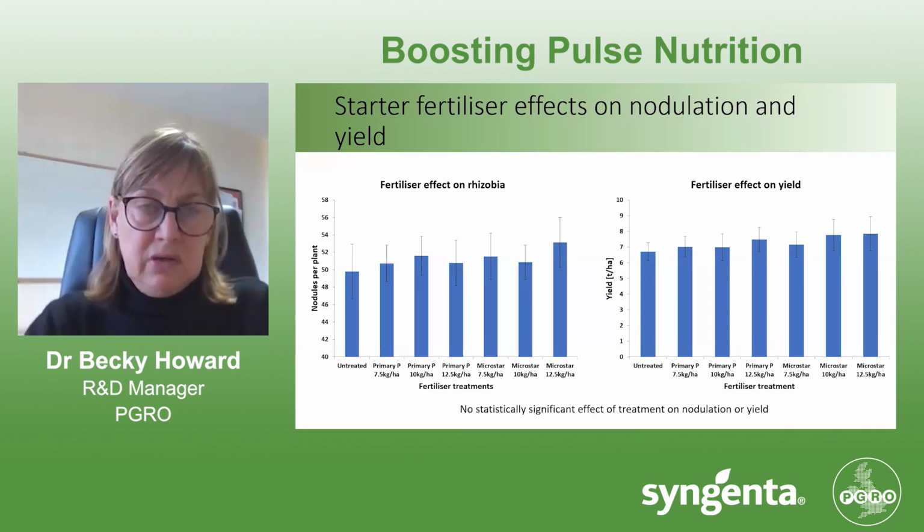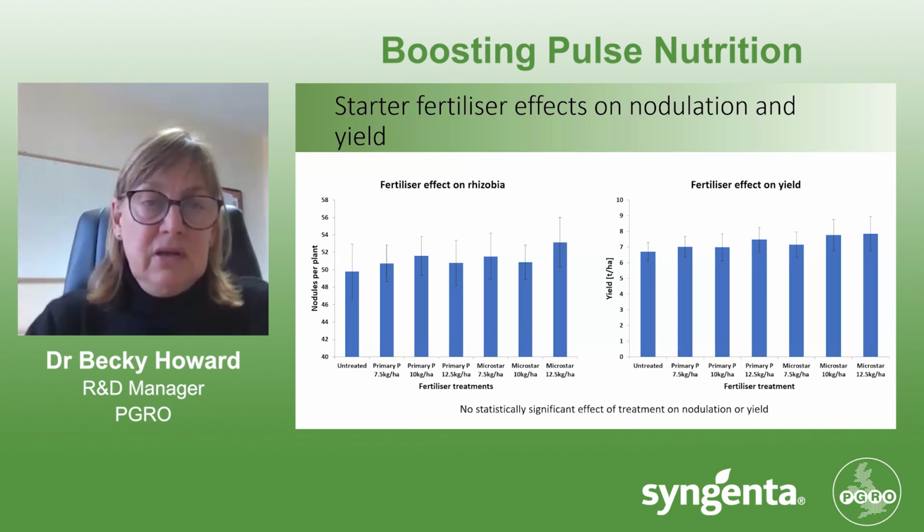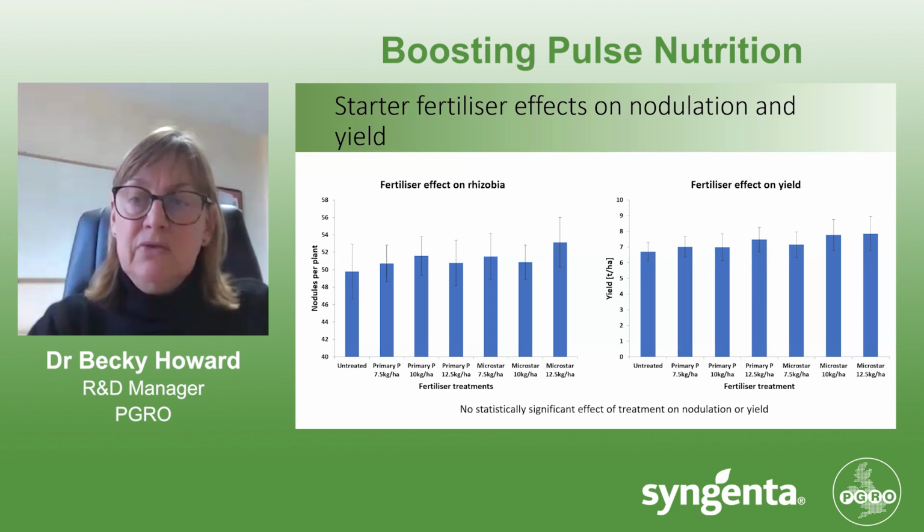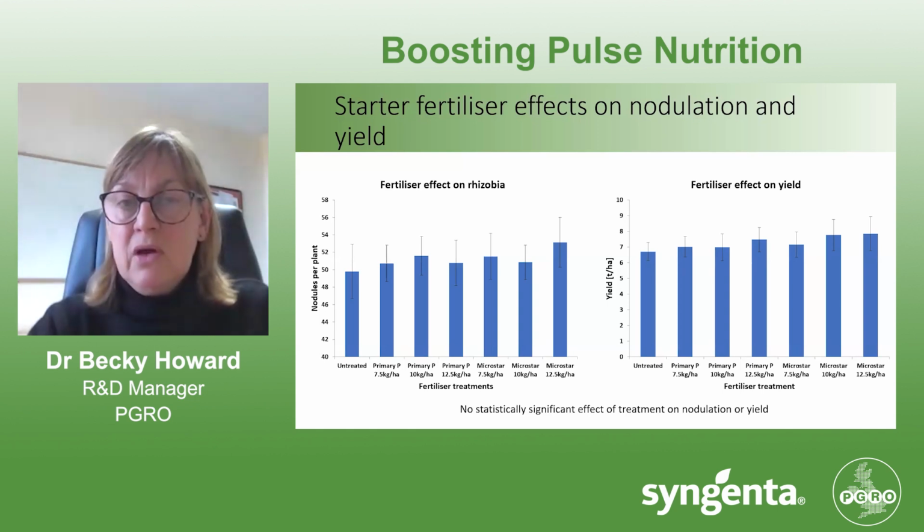And these results are looking at all trials across all years. Although they are not statistically significant, you can see a slight trend certainly for a yield increase when we apply the slightly higher doses of the Primary P and the Microstar.